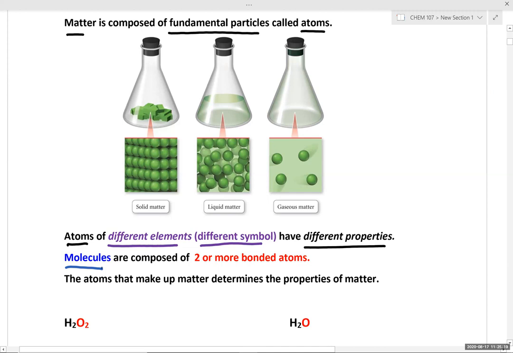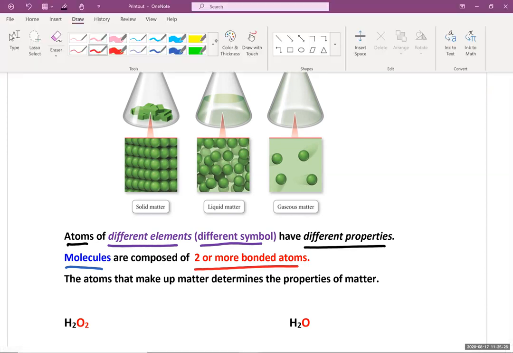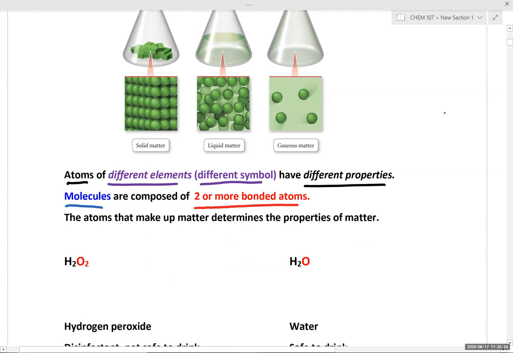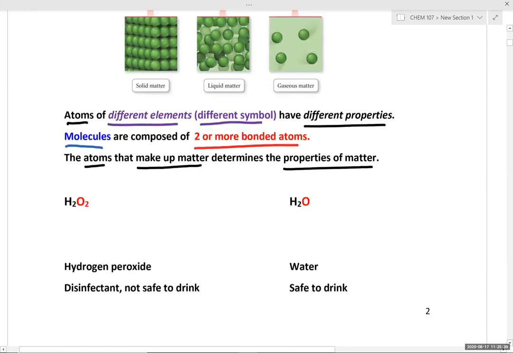Molecules are composed of two or more bonded atoms. And a critical idea in chemistry is that the atoms that make up matter determine the properties of matter. So let's look at an example of this.